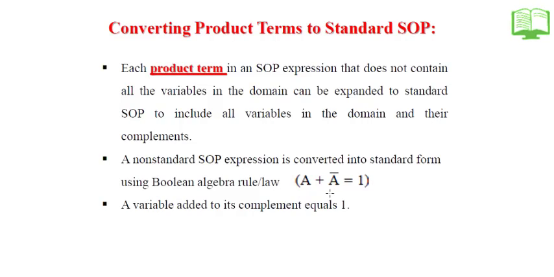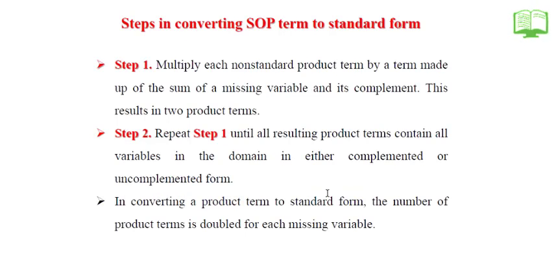So let's take a look at a simple example. Here they're saying the steps: you look at the variable that is missing, you take that variable and its complement, and you multiply it to that product in order to change it to the standard form.